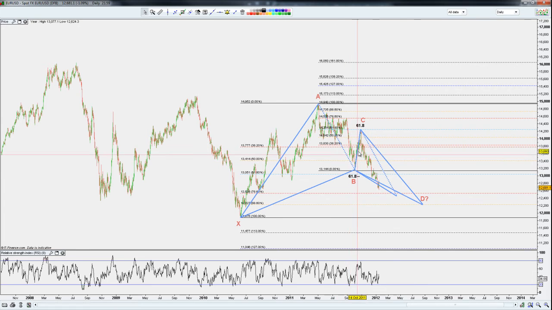A, B, C, and D actually nicely coincides with the 78.6, which is the classic PRZ for a classic Gartley. You could describe this as a 222 Gartley, named after the page in H.M. Gartley's 1935 book, because it's got classic Fibonacci relationships within it.